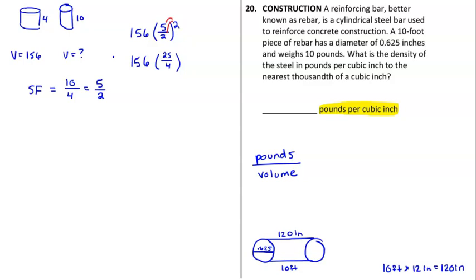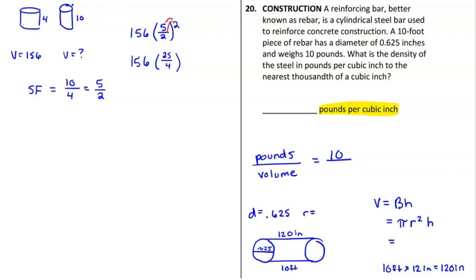All right, and then we have the pounds, so it's going to be 10 pounds, but we need to find the volume. And we know that the volume of a cylinder is the area of the base times the height, as we see on our reference sheet. The area of the base is going to be pi r squared, and then times h. They give us the diameter is 0.625.